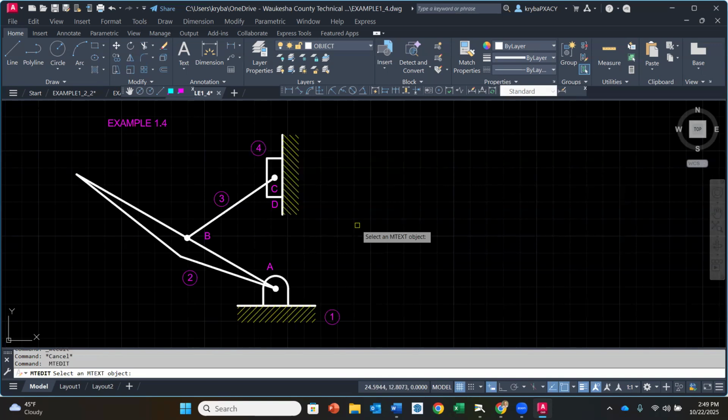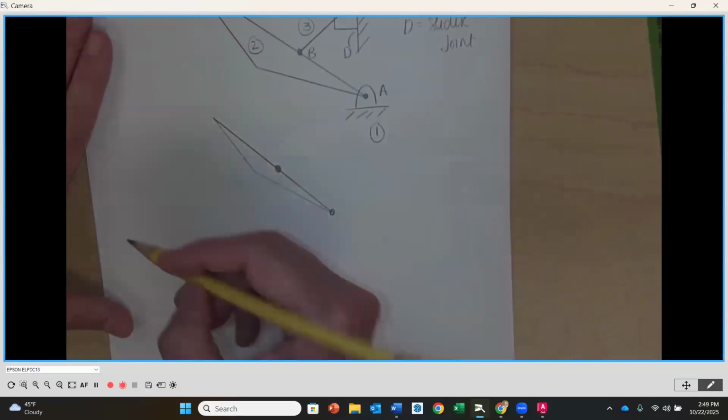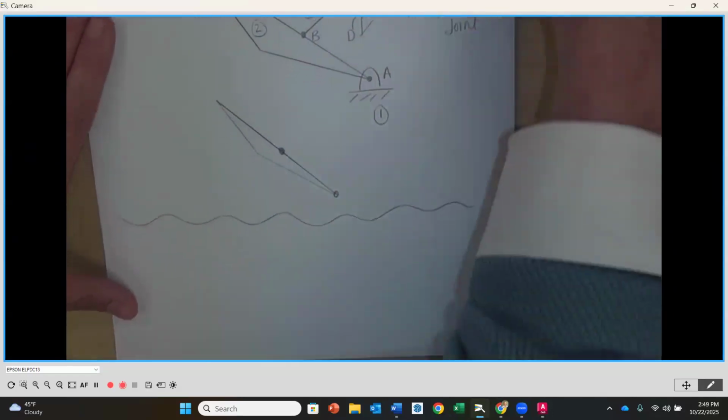So if we have the diagram done, then the last part of this is to do our mobility equation with Grubler's equation. So I am going to go underneath my camera and add that mobility equation on here.